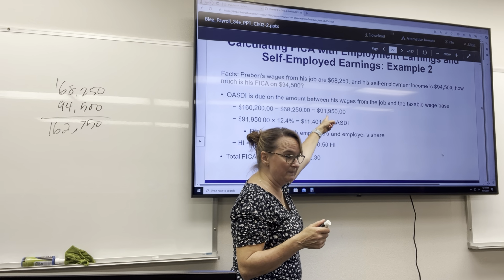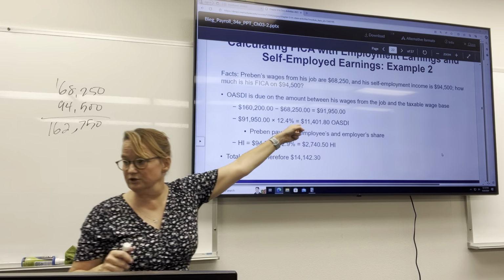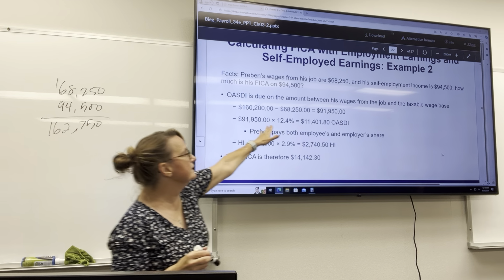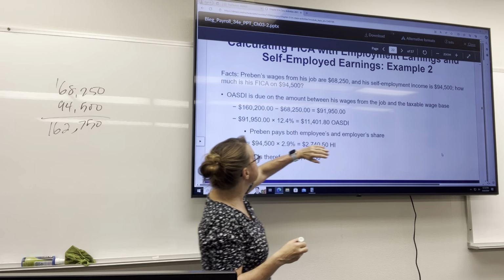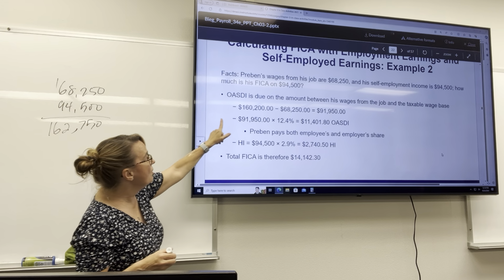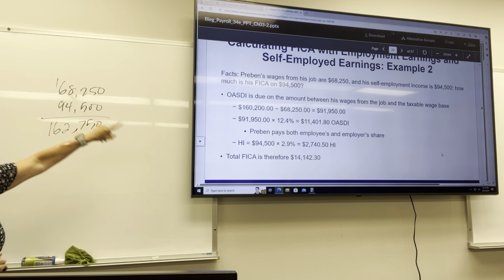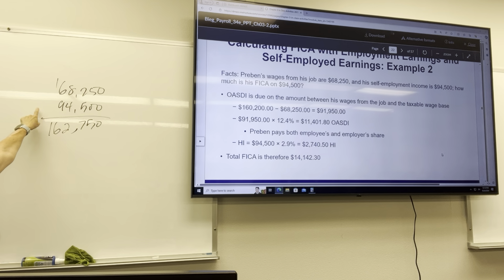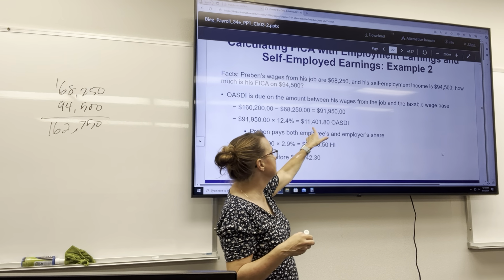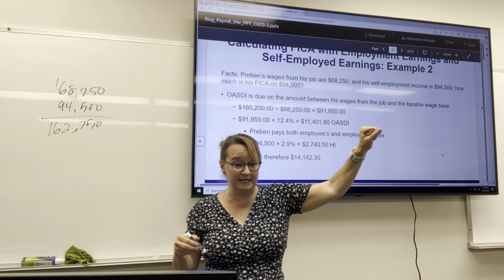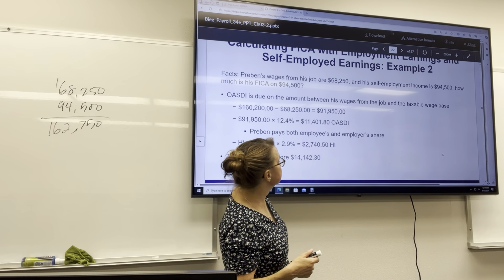That's the additional amount of earnings that are going to be subject to Social Security tax. In his case, all of that is going to be subject to Social Security tax. So at 12.4%, he's going to have to pay an additional $11,401.80 in Social Security tax.